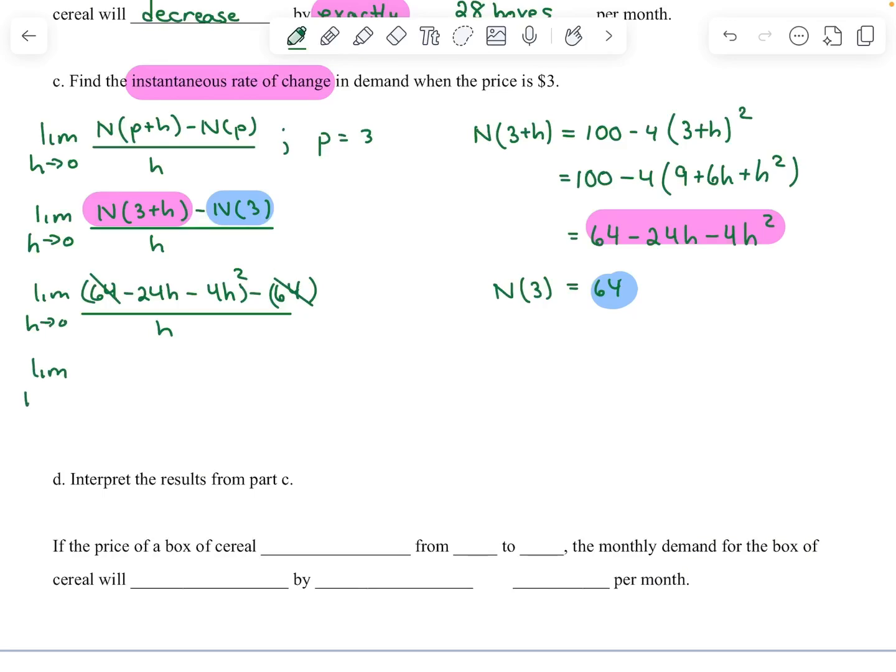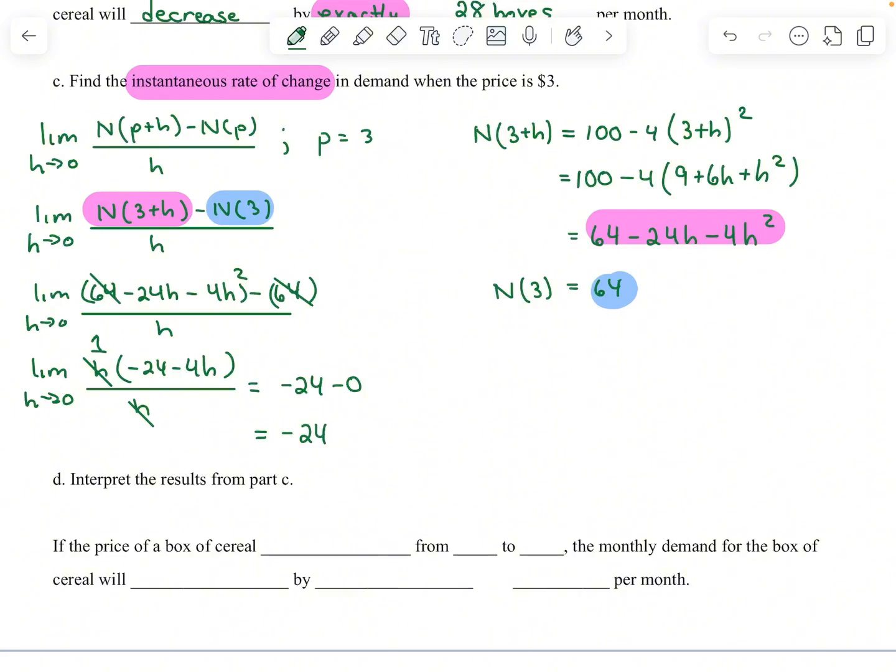So this will be the limit as h approaches 0 of h times the quantity negative 24 minus 4h, all divided by h. Now the numerator and the denominator have a common factor of h, so I will divide those out, and that's 1. So this is equal to negative 24 minus 0, which is equal to negative 24.